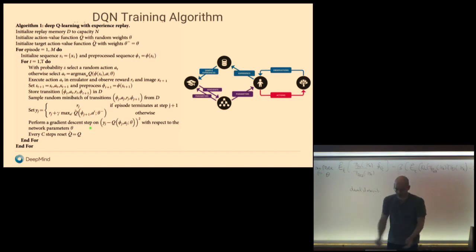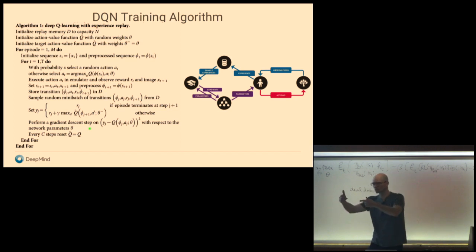Now there's one extra thing happening here, that there are 2 Q functions. There is Q and Q hat. What's the deal there? Well, because your target is computed from your Q values, you have this loop happening. You take targets from your Q values, you update in that direction, and this process repeats, and this can often be unstable. The way to make this more stable is to have an old Q value from a little while ago, keep that fixed for a while, and use that to compute my targets.